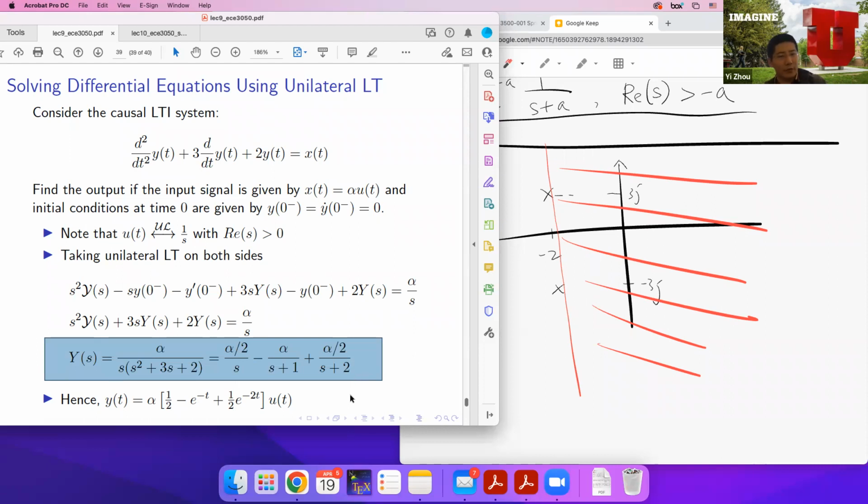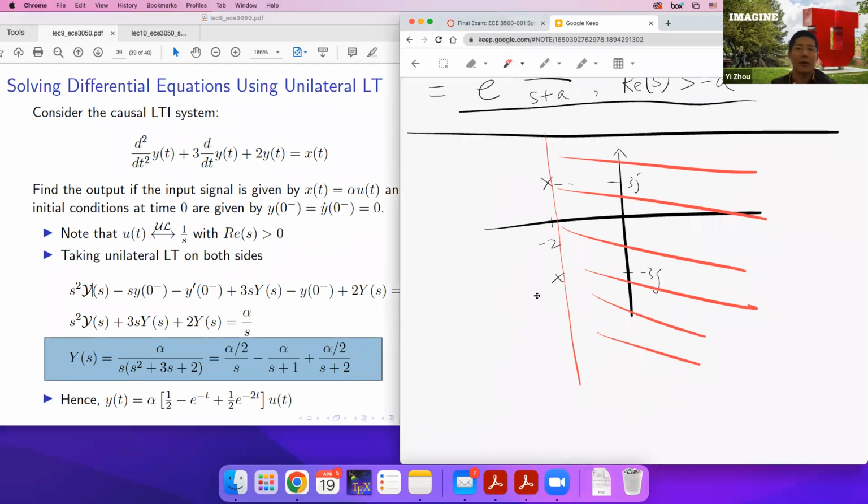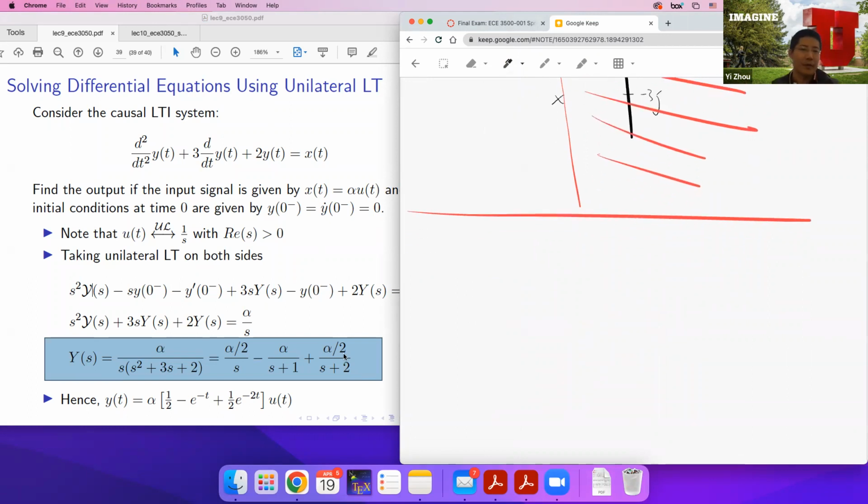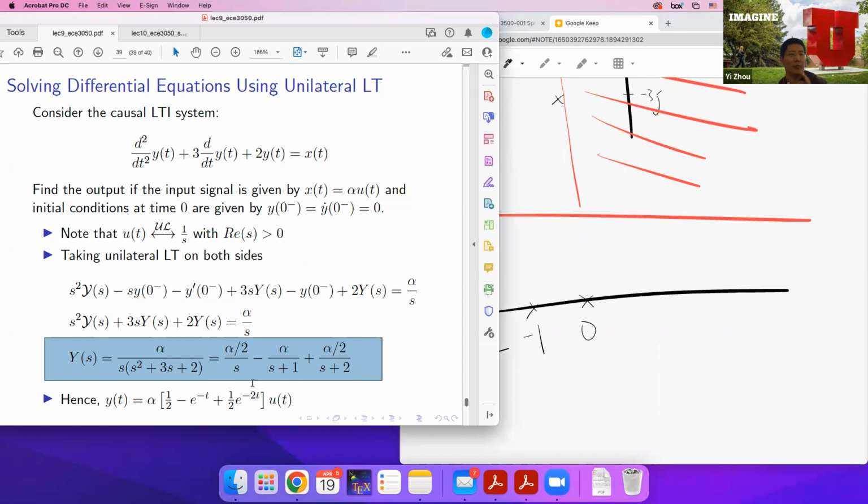Okay. As we discussed in the previous example, given the unilateral transform, the ROC is clear. Because for unilateral transform, the ROC is always to the right of the rightmost pole. So here we have 3 poles: 0, -1, and -2. Okay, we have 3 poles.